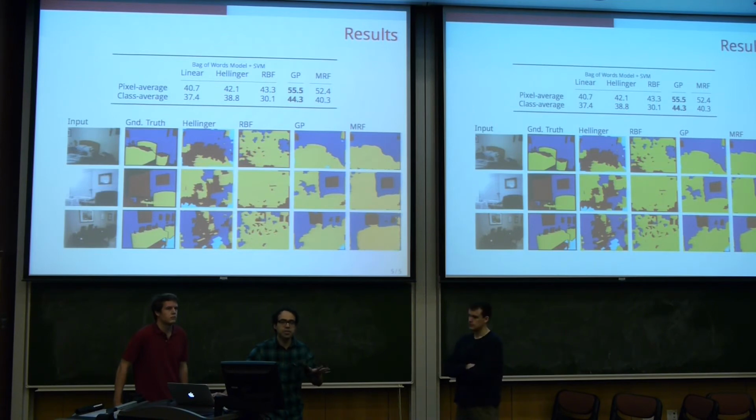And we held the features constant because we wanted to get a feeling for the machine learning part of the pipeline, not the feature part. As you can see, all these SVM approaches fared more or less the same, whereas our 2 approaches were significantly better, and the GP comes ahead by a small margin.